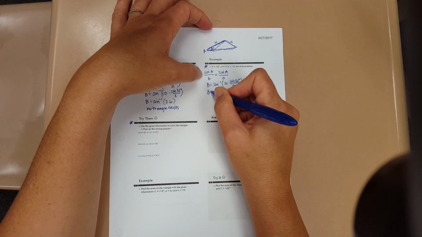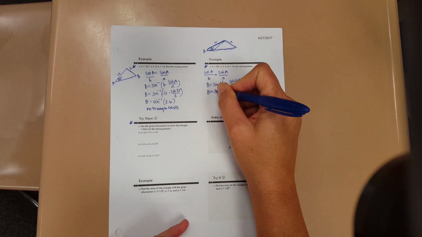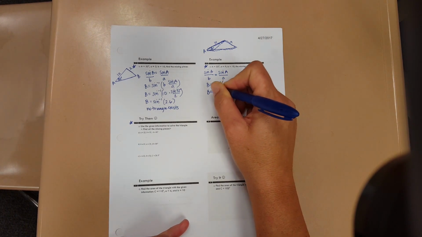B is going to be approximately, let me calculate it. 32 equals that times 10 divided by 9. Okay, I got 36.1 degrees.